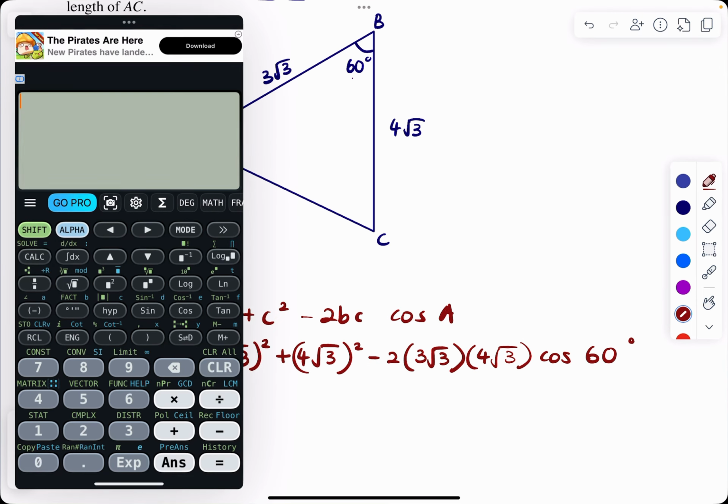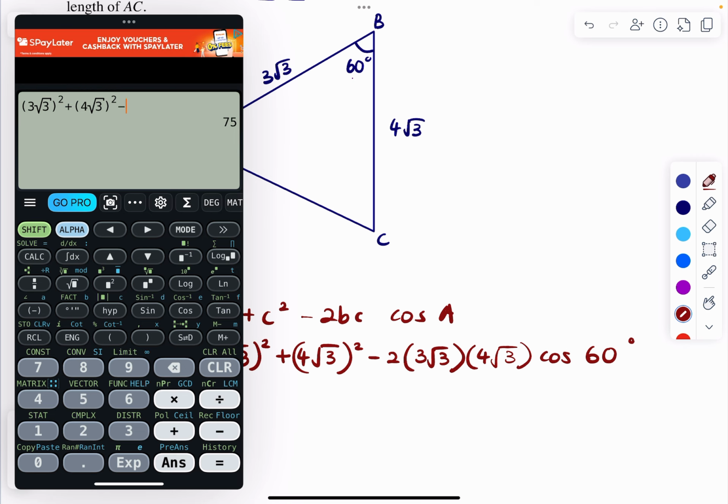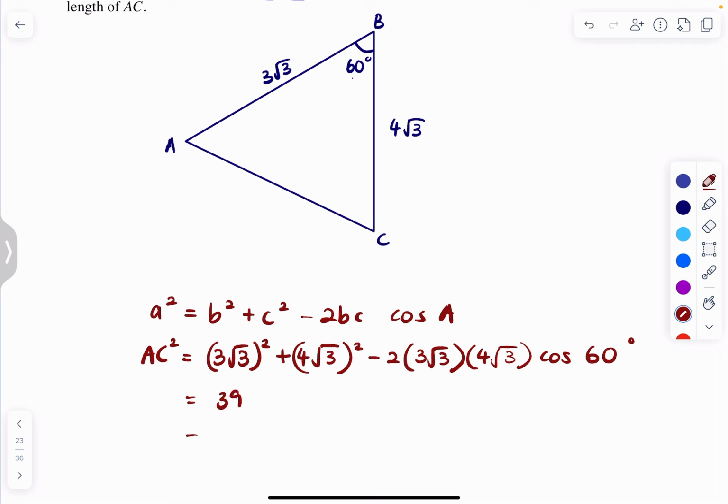So AC square is 39. So AC will be √39. You can just solve it using one formula. No need to break the triangle, no need to find this, no need to find that.